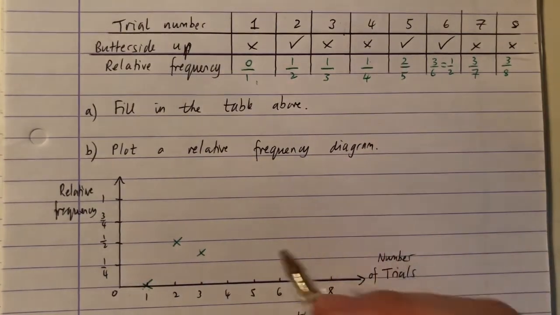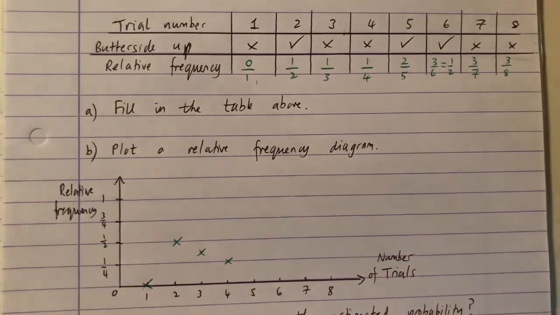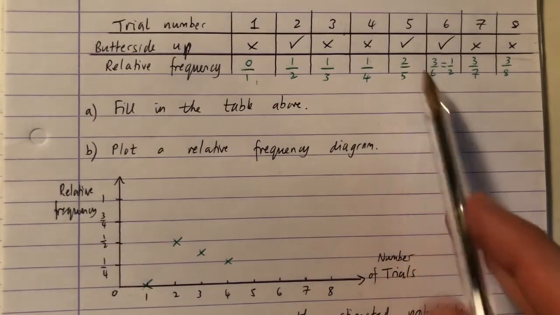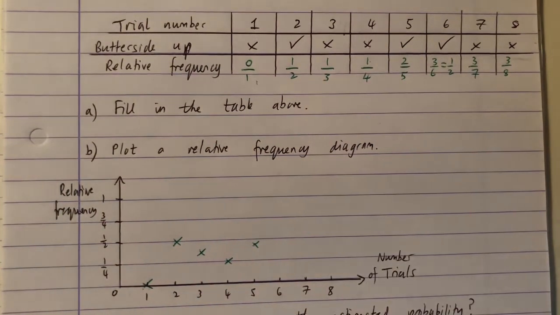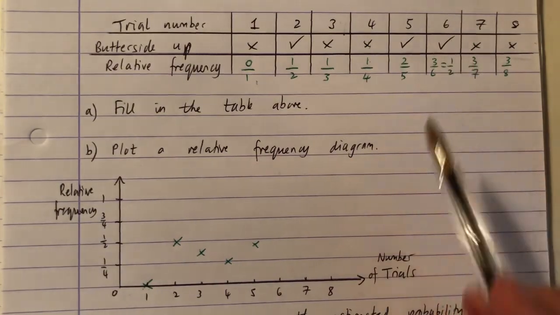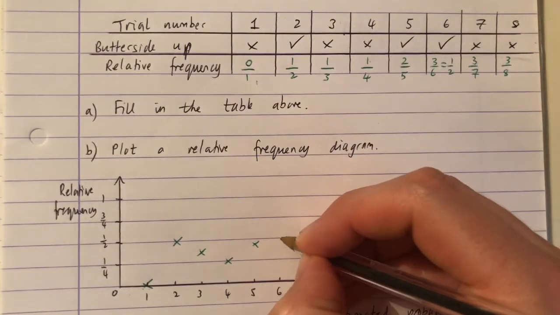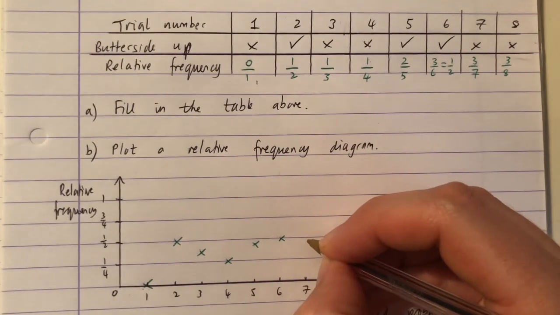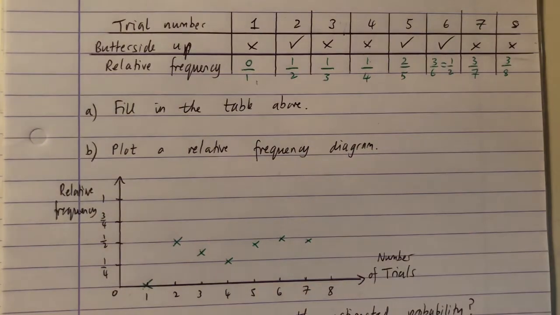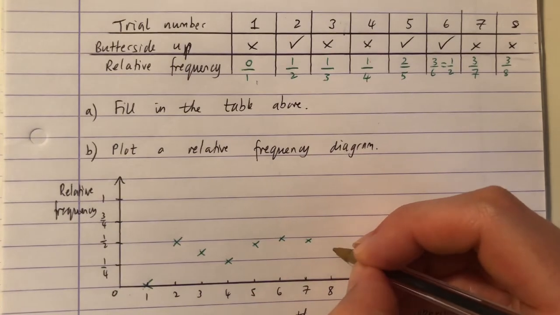4 trials, a quarter. 5 trials, 2/5, so it's a little bit bigger than a third. 6 trials, a half. 7 trials, 3/7. 8 trials, 3/8.